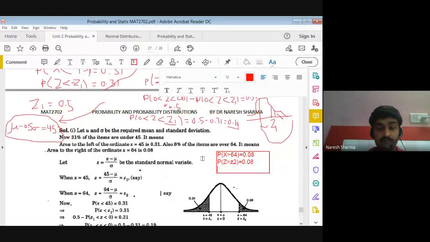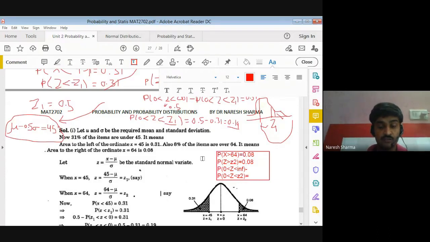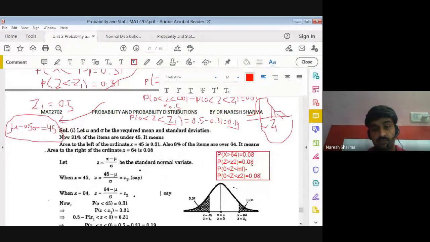Z2 to infinity can be written as the probability from 0 to infinity minus the probability from 0 to z2, which is given to us as 0.08. It's given to us.